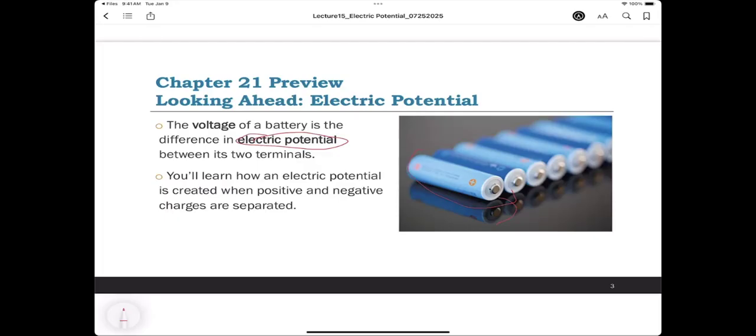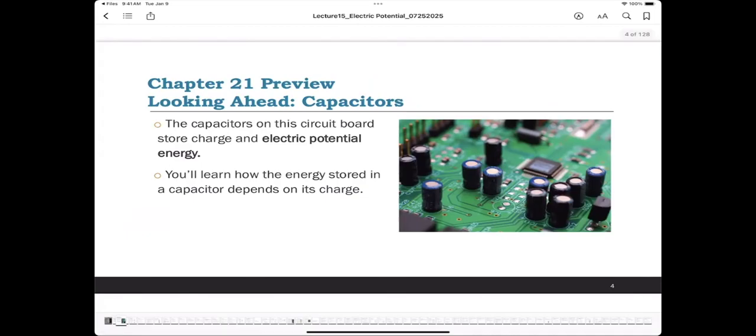You will learn how an electric potential is created when positive and negative charges are separated. Then we will learn capacitors, the capacitors on this circuit board. These are all capacitors. The capacitors on this circuit board store charge and electric potential energy.